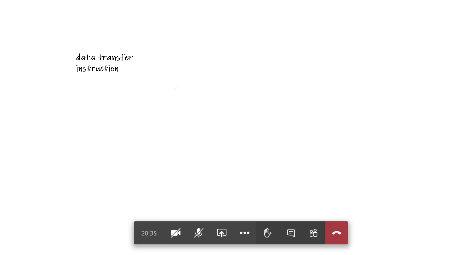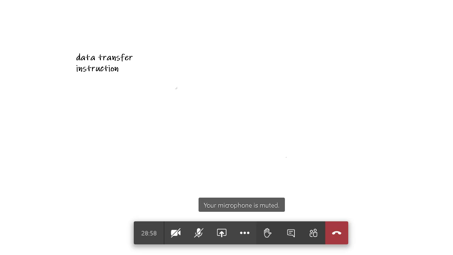MOV is the name of the instruction. It is used to move the data from register to memory, memory to register, or to move some numbers, that is immediate values, to register or memory. In today's class we are going to discuss this move instruction.